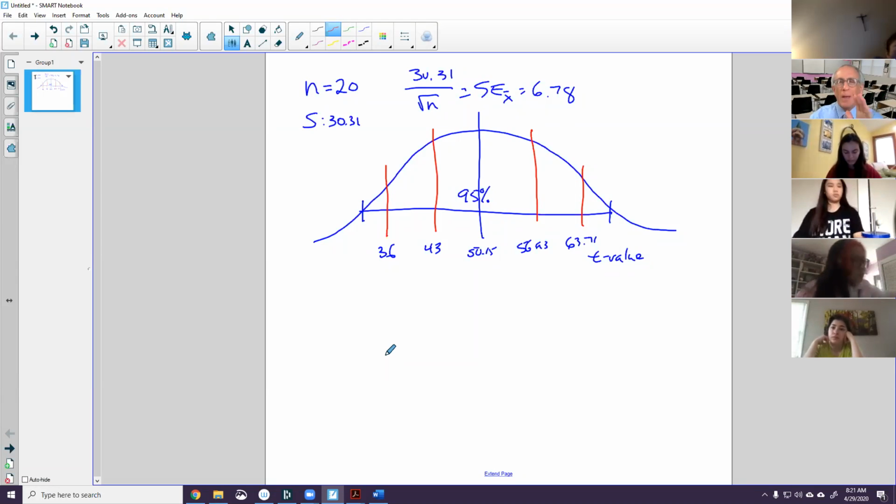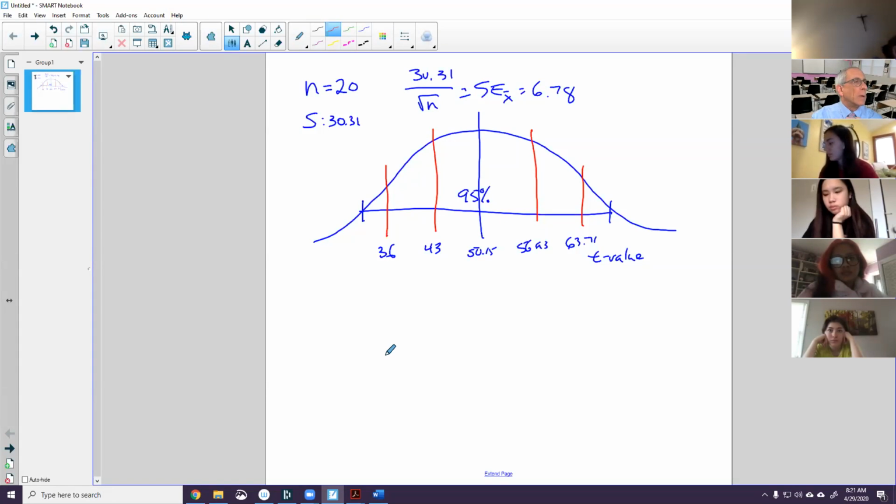I mean, maybe not entirely forget about it, but the empirical rule is for normal distributions, and we don't have a normal distribution. We have a T distribution. So it might be kind of close to the empirical rule, but you're really going to have to calculate it out based on your degrees of freedom, based on your sample size.